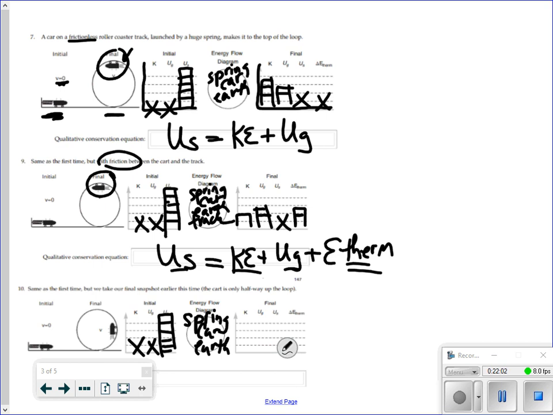Right, and then at the end here, you'll notice I'm not going as high this time. So if I don't have any friction to worry about, and I don't have any spring to worry about, then I must be worrying about UG and K. So before I had 2 for UG, let me make that 1. Again, don't look at the dashed lines, just look at the number of boxes I've drawn. And then the other 4 be kinetic.